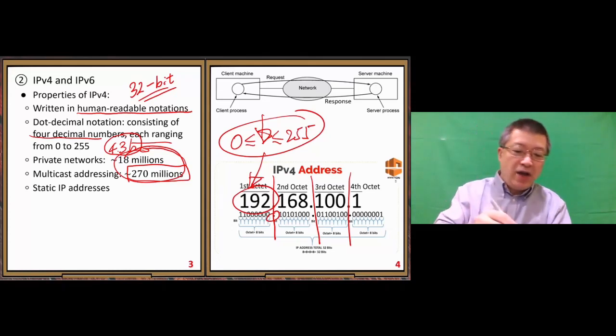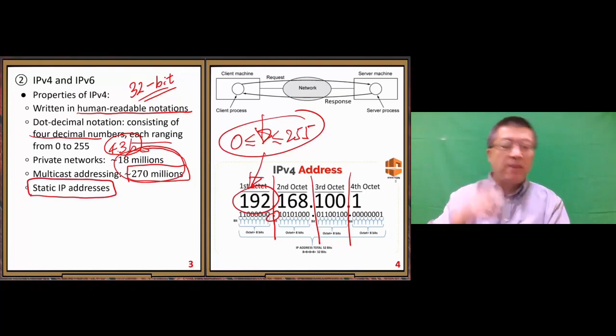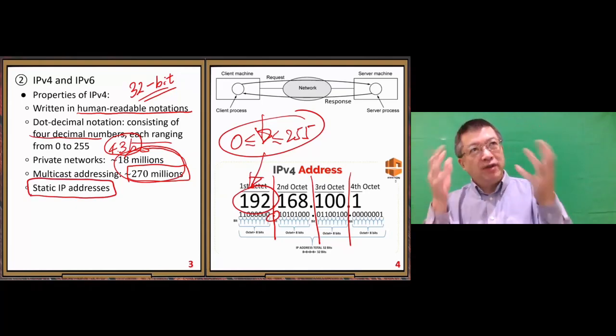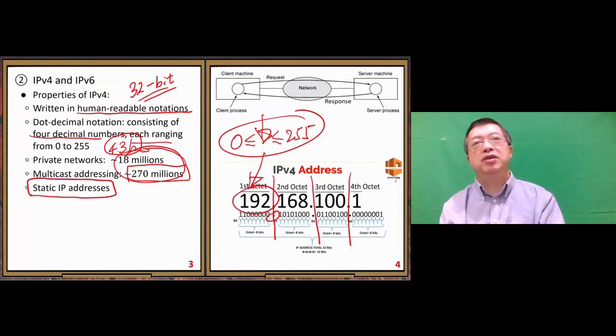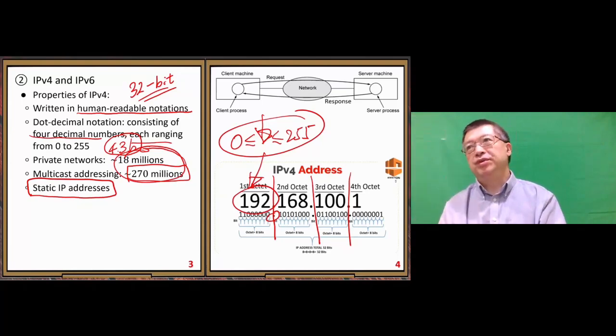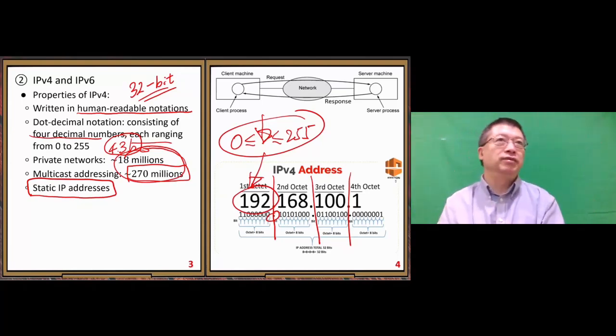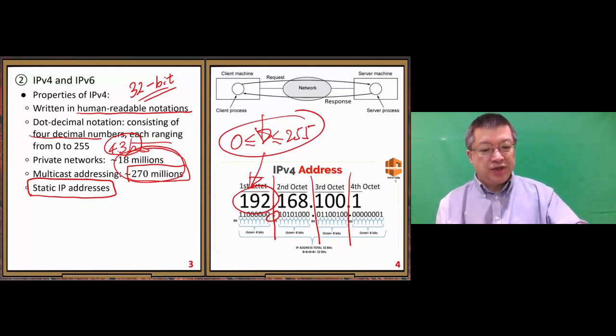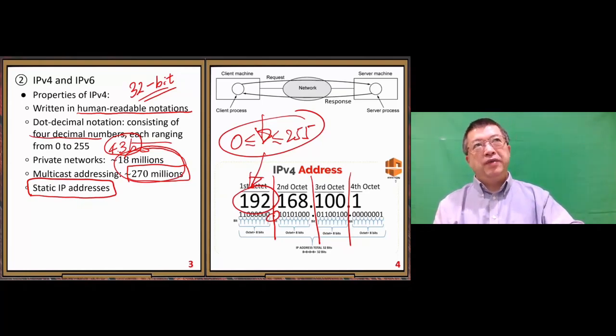Usually if you have a server, you want to have a static IP address, so you can provide stable services to the outside world. But because the static IP address is very precious, people want to save this kind of resource.